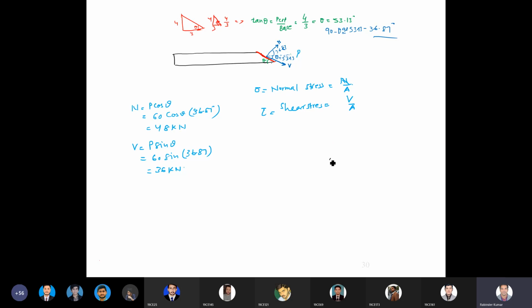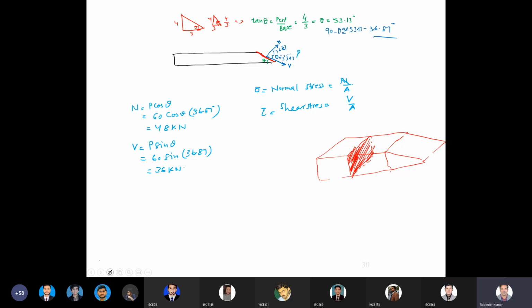Acha, the area which is given to us, it is like this. ओके, जो हमें एरिया गिवन है वो इस पार्ट का गिवन है, स्क्वायर शेप.